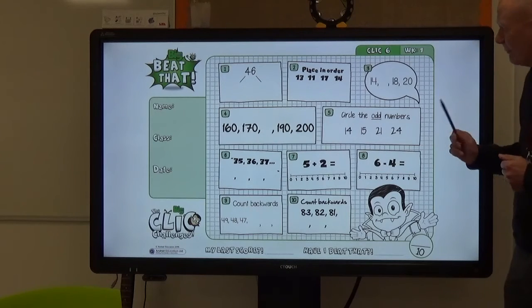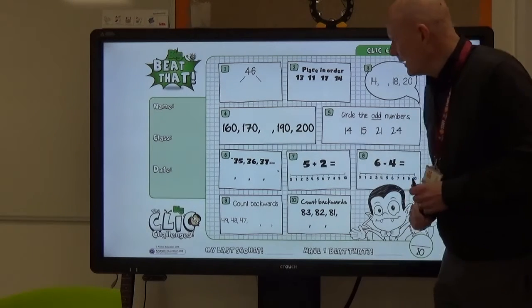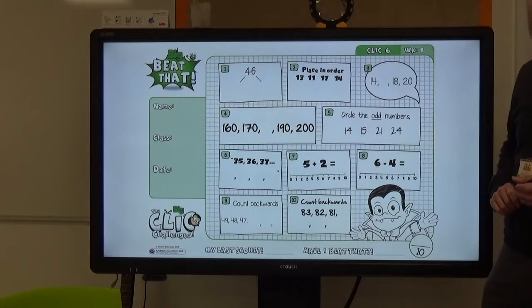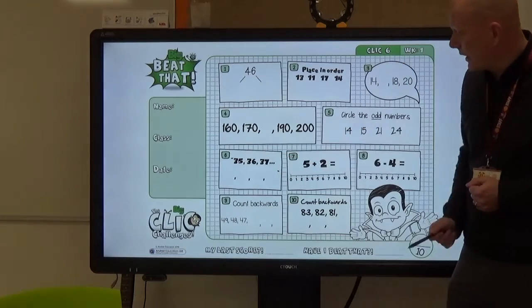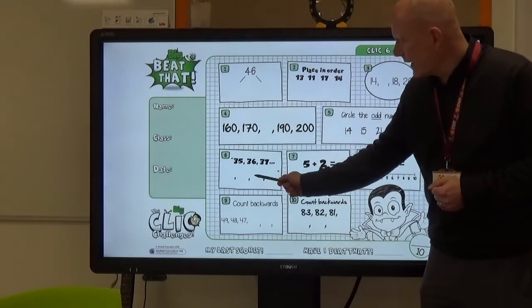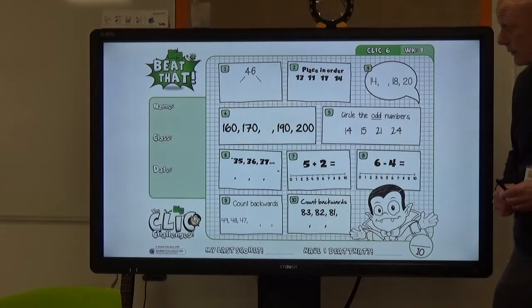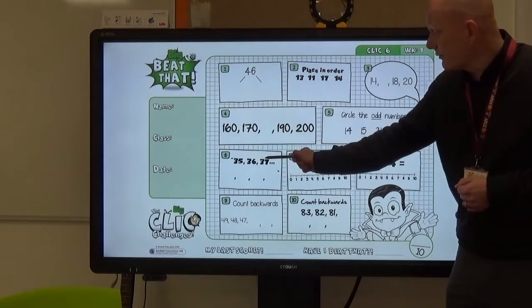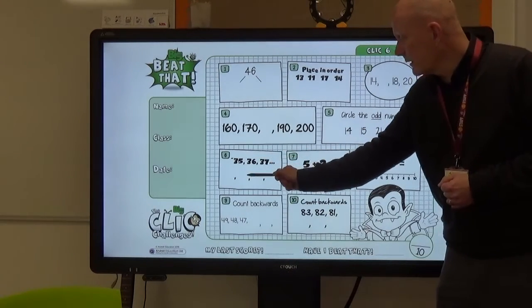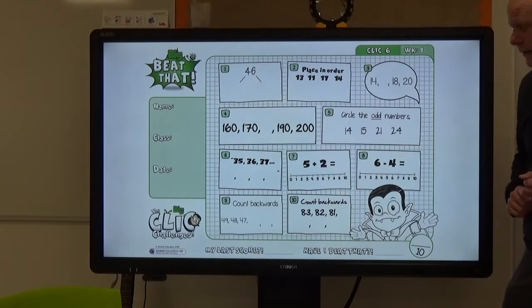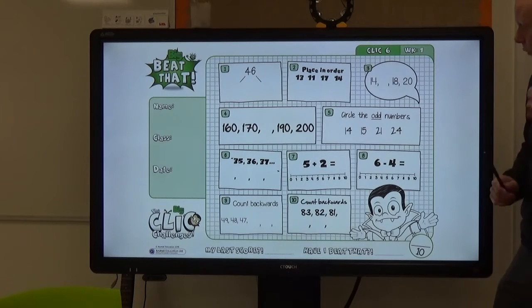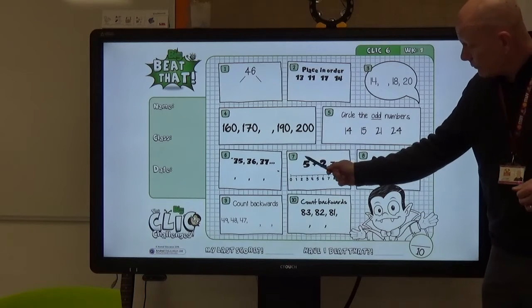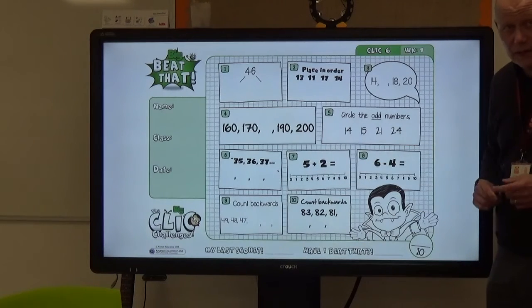Okay? Question number 6 is carrying on with a number pattern. So you've got to look at this number pattern here. There's 3 numbers there, but then what are the 3 next numbers that follow that pattern? Okay? So looking at these 3 numbers and writing the 3 next numbers in that pattern. And if they get all 3 correct, that's 1 mark. Question number 7 is writing this number sentence and finding the answer.